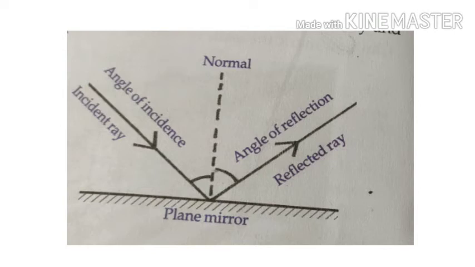And we measure the angle of incidence and the angle of reflection with the help of this normal. The angle between the incident ray and the normal is the angle of incidence, and the angle between the reflected ray and the normal is the angle of reflection.